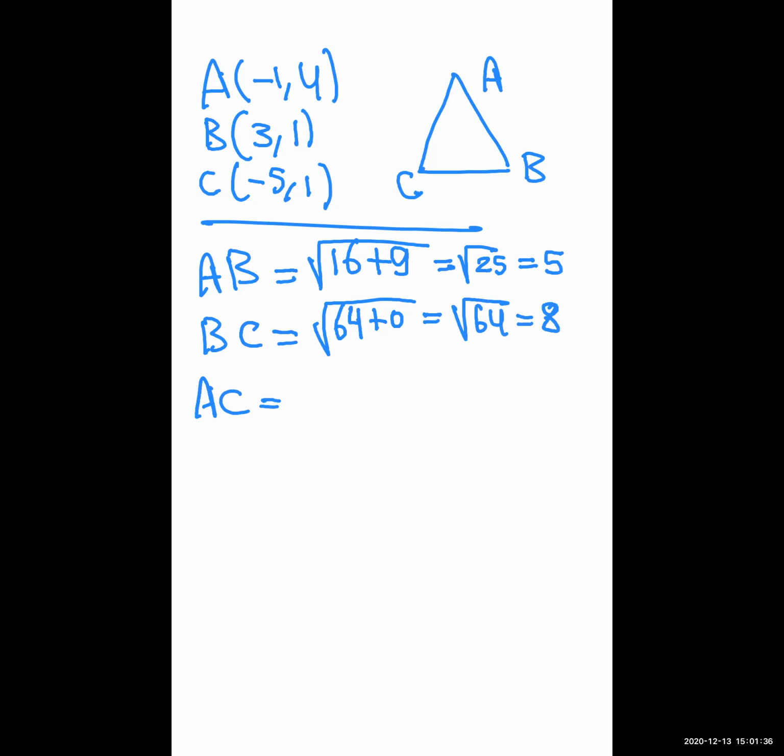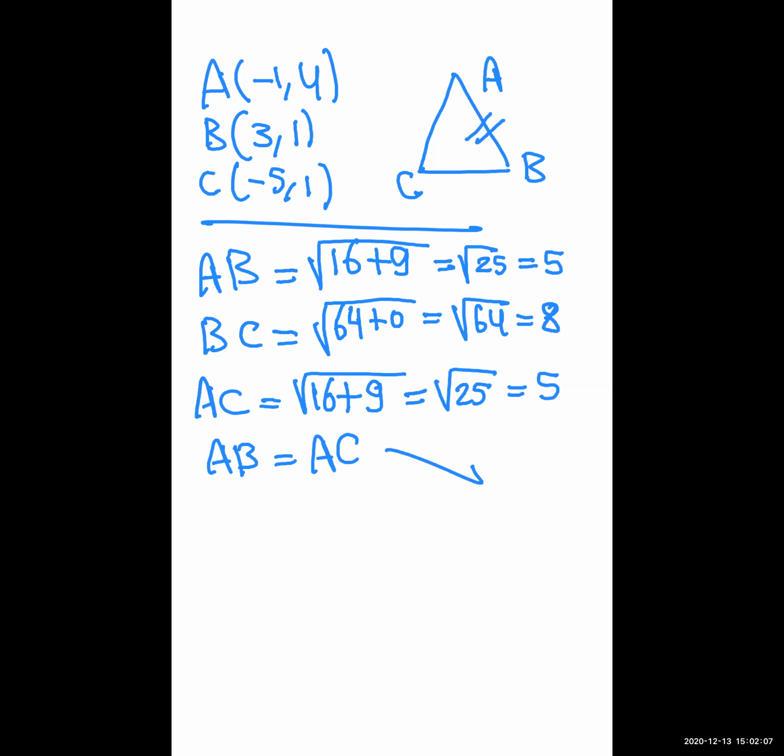Then the last one, AC, will equal -1 minus -5, so -1 plus 5, which is 4. 4 squared means 16, plus 4 minus 1, which is 3, and 3 squared means 9. So it will equal the square root of 25, which is 5. Now AB equals AC, so it's an isosceles triangle. AB equals AC. Okay, guys?